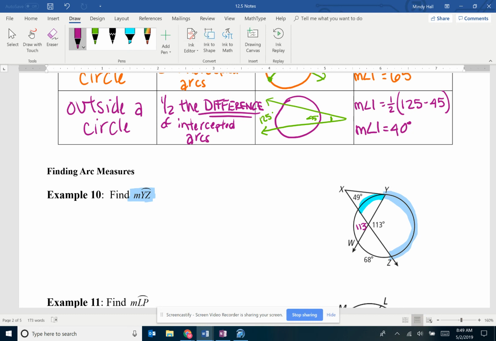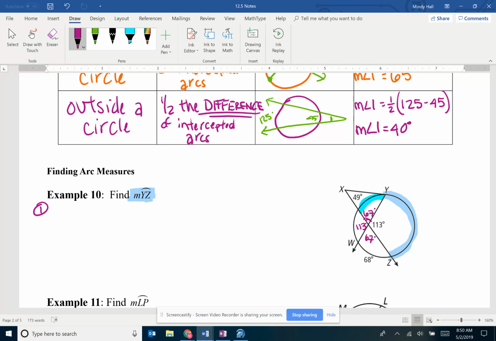But my first piece to this, and I'm just going to number the steps, is that when I look at this 113, I want to know what this angle is too. So I'm going to do 180 minus 113, which gives us 67 degrees. Okay, so I know both of those angles are 67.